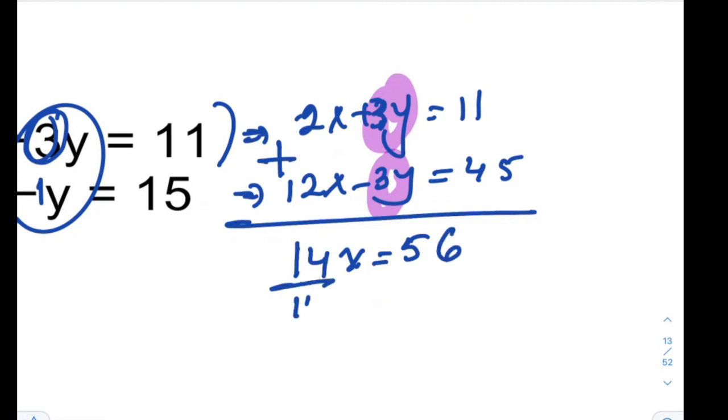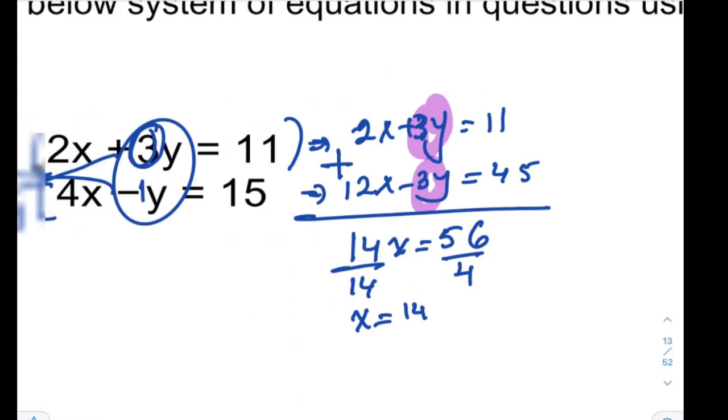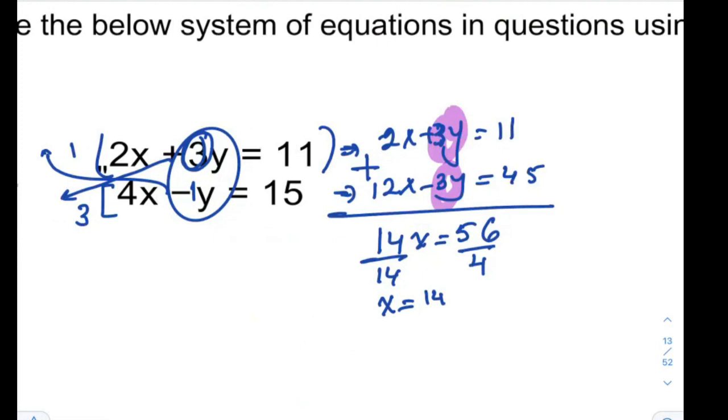And when you divide 56 by 4, x is 14, right? We have done it, 2x plus 3y, and here 12x minus 3y is 45. Yes, so 56 over 4 is 14, and then when you replace, take any equation to replace.